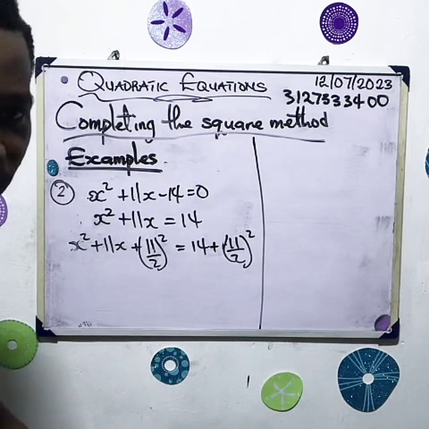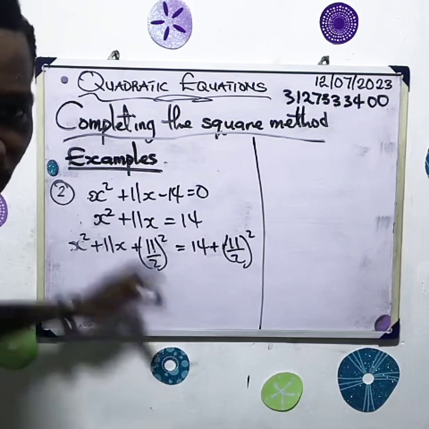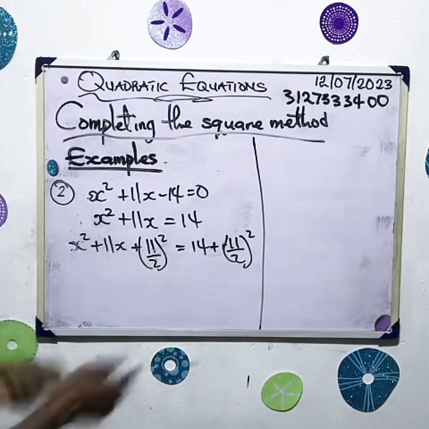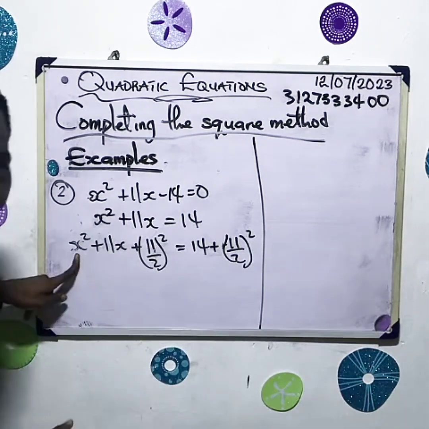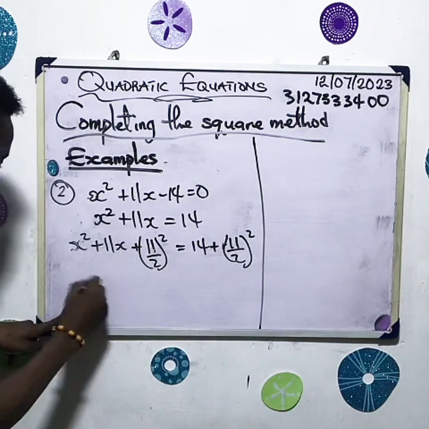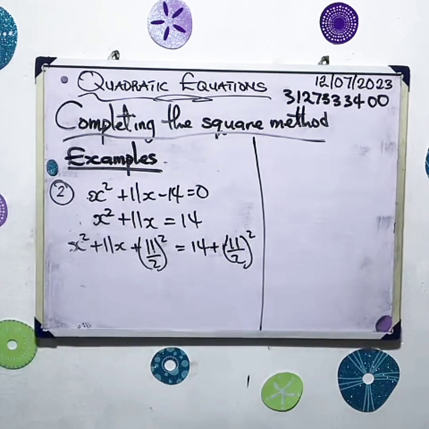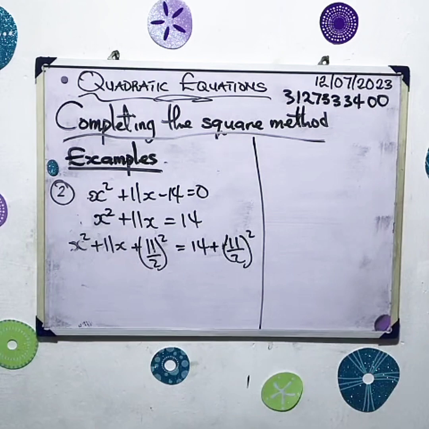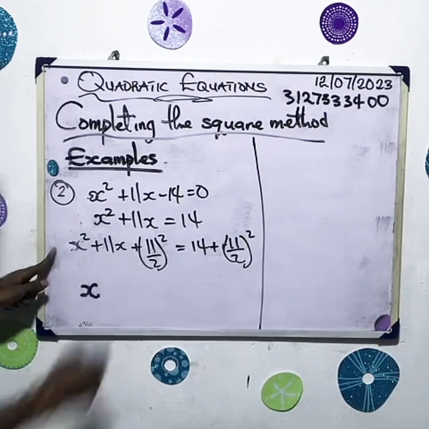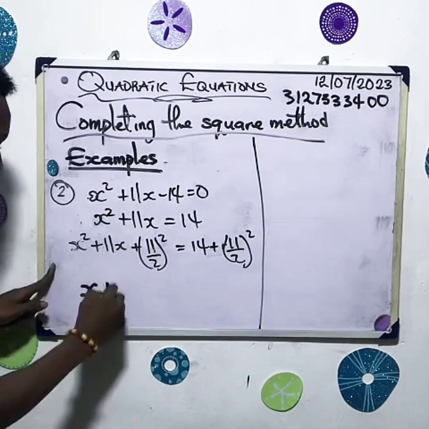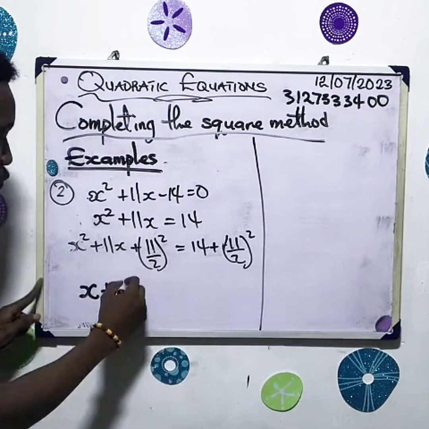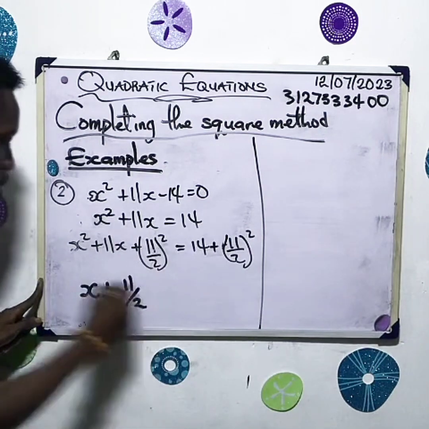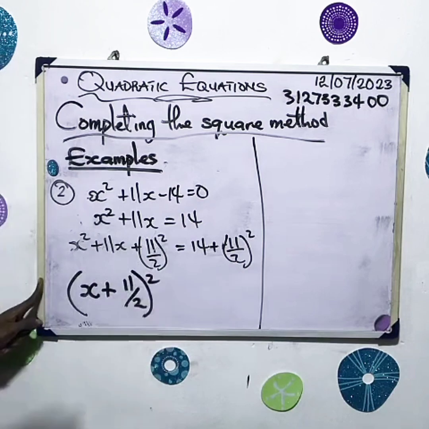From the first example, work out the right hand side. This is what we're going to do. You pick this one, which is x. Then the sign after it, which is plus. Then pick this 11 over 2, then all squared.